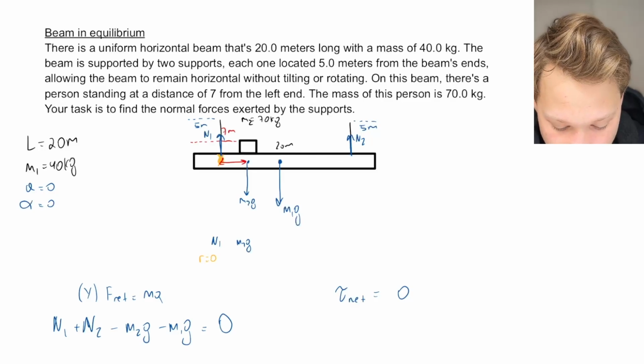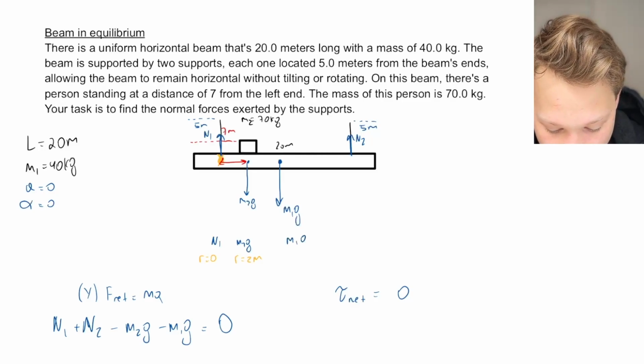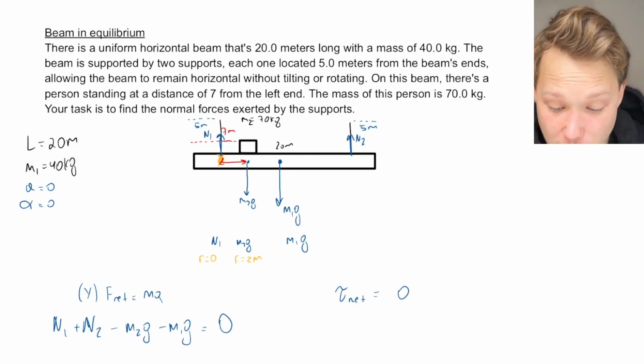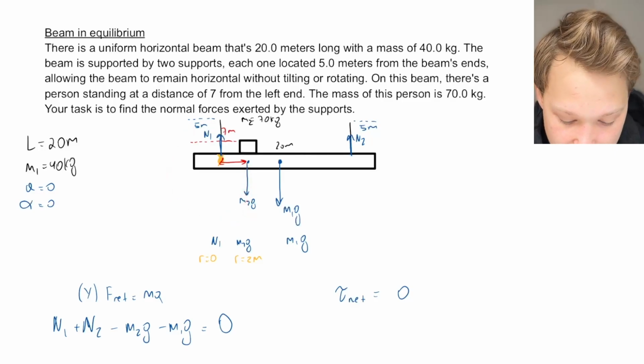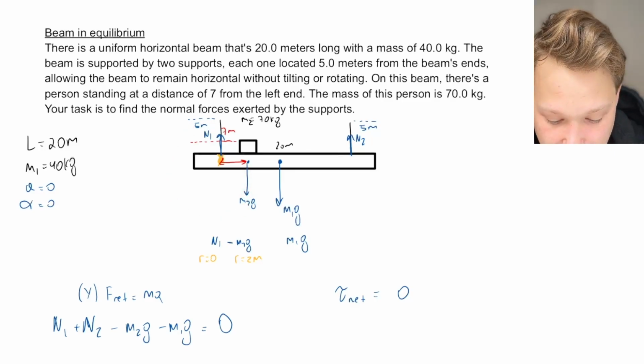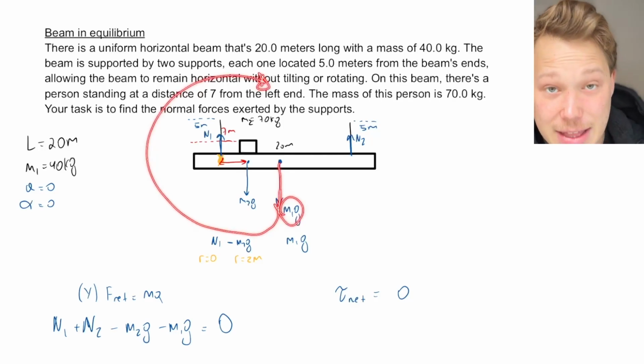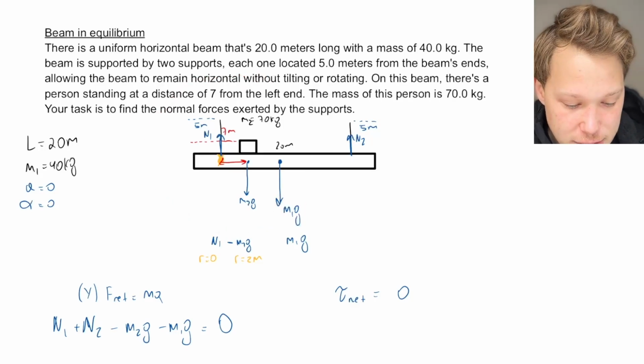So M2G will have a distance of 2 meters. Oh, and let's think about the sign, right? This force would make it rotate in a clockwise direction, so it's negative M2G. Same thing for M1G: it would make it rotate in the clockwise direction, so therefore it's negative.